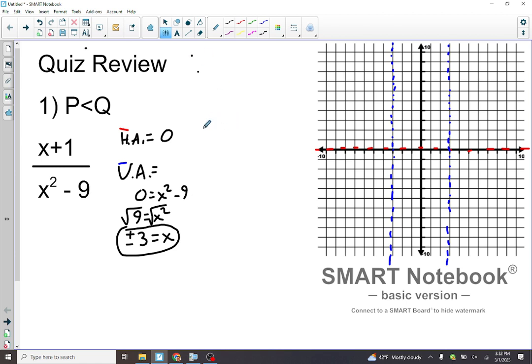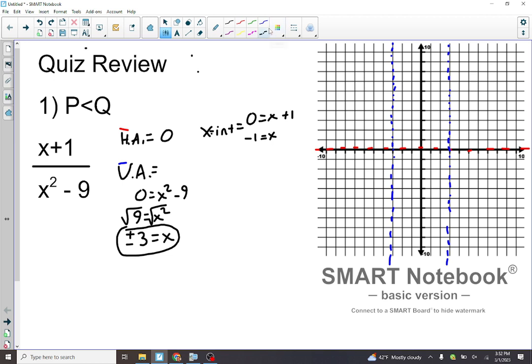Next one. That's horizontal, vertical. X-intercept. Just set y to 0. Good. You set y to 0, but because we're looking for the fraction to become 0, we only care about the top. So we set basically P equals 0. So just 0 equals x plus 1. X equals negative 1. Good. For the x-intercept, it's always just the top part.